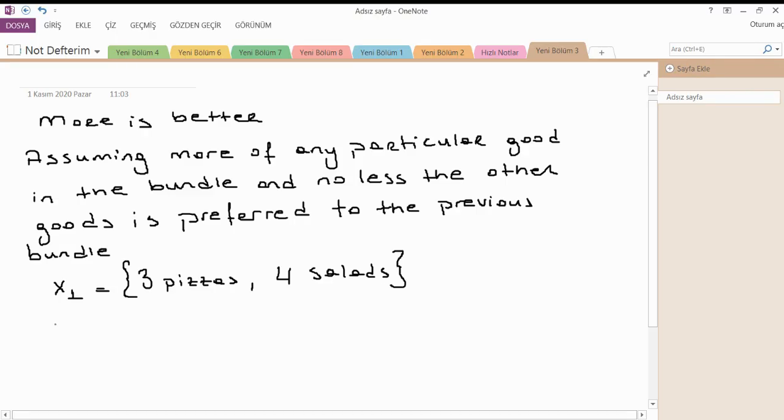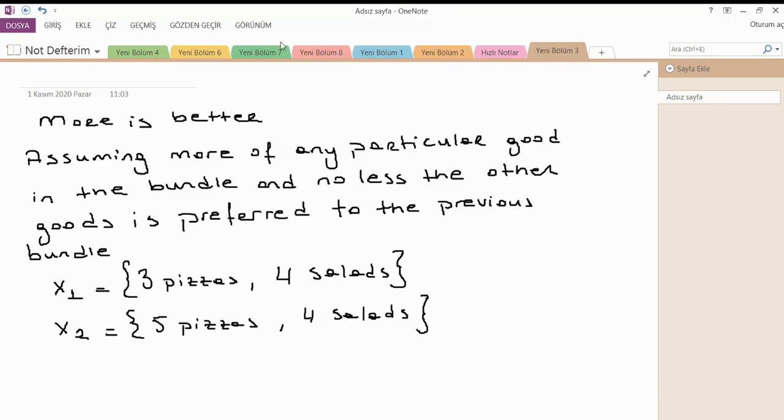And our second bundle is, let's say, 5 pizzas and 4 salads. More is better assumption here.